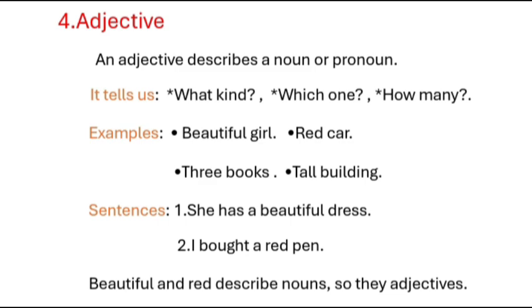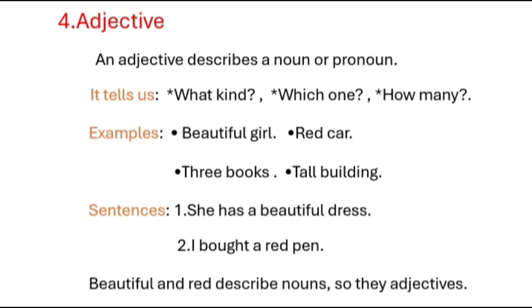Next one is adjective. An adjective describes a noun or pronoun. An adjective is a word that describes or modifies a noun or pronoun. It gives us more information about a person, place, animal, thing, or idea. Without adjectives, our sentences would be less interesting.